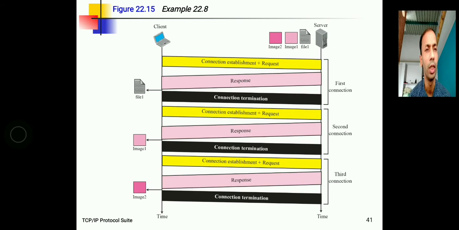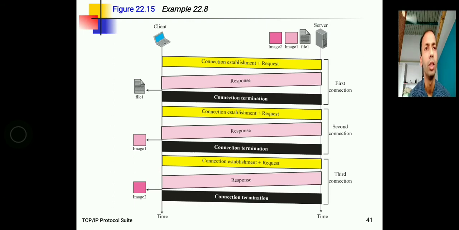So once the connection is established, it is not maintained until all the files from that particular web page are retrieved. So this scenario is called what? Non-persistent connection. The connection is not persistent. The connection is established and terminated for each and every new file request.